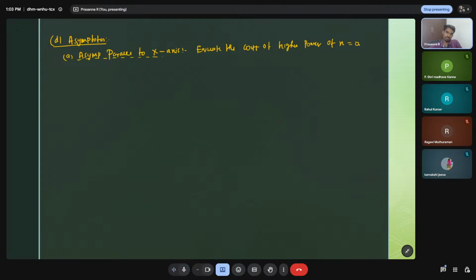Now we will find all asymptotes. So we will find asymptotes parallel to x-axis. So equate the coefficient of highest power of x to be equal to 0.